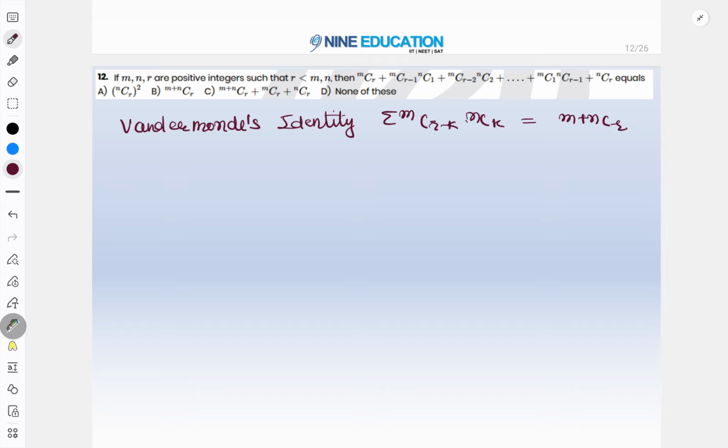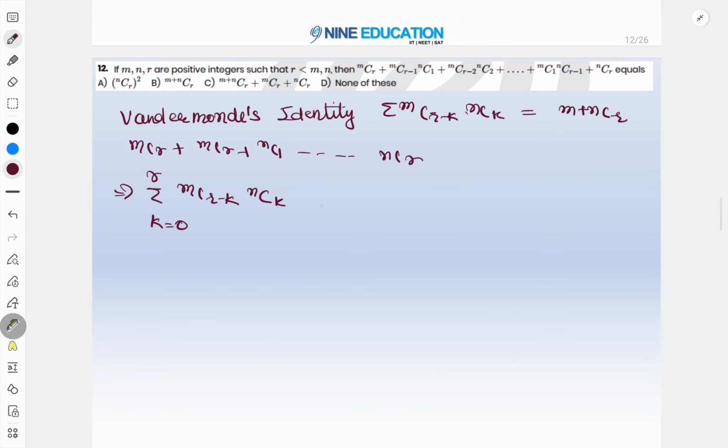Clearly that identity is true here. That is MCR plus MC(R minus 1) into NC1, and so on up to NCR. So that is clearly the summation of MC(R minus K) into NCK, where K goes from 0 to R. Therefore the sum is (M plus N)CR.